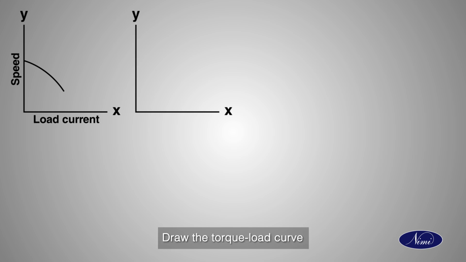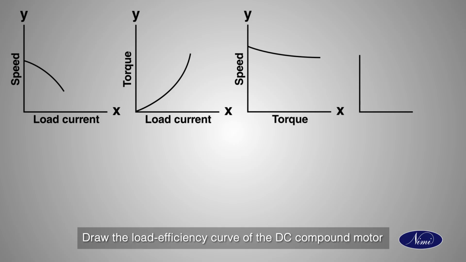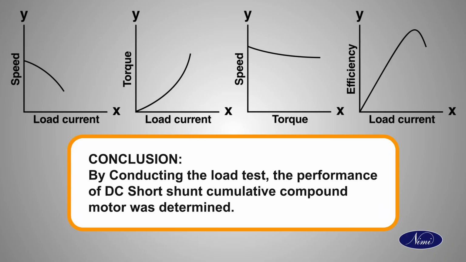B. Draw the torque load curve. C. Draw the torque speed curve. D. Draw the load efficiency curve of the DC compound motor. Conclusion. By conducting the load test, the performance of DC short shunt cumulative compound motor was determined.